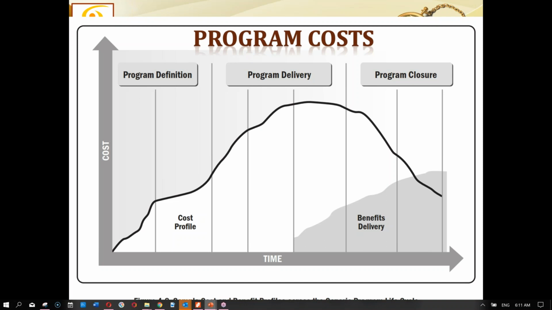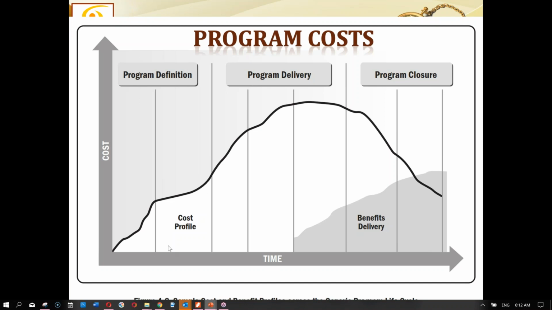And you can see that the benefit delivery has started during the program delivery. While some components have been completed, they have started yielding their benefits, and then the benefit starts increasing. The benefit delivery is the money or the benefit coming to us, and the cost is the expenditure we are making.